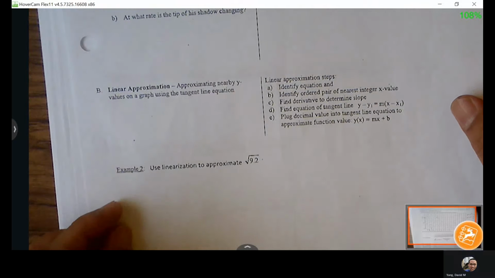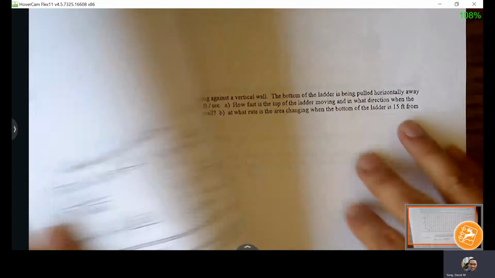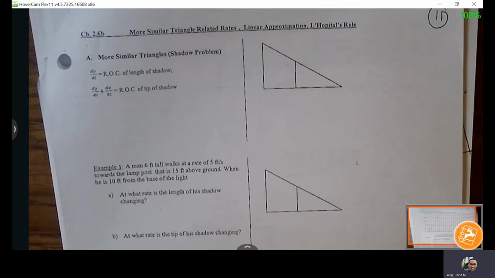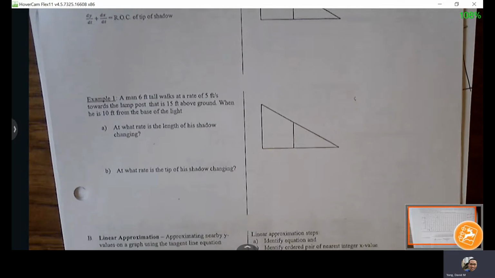Okay, let's see, is there anything else? Why don't we do one more? You want to do a shadow problem? Okay. We'll go to page 11 and we'll try example 1.